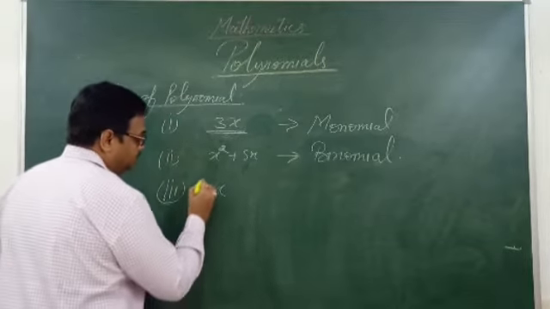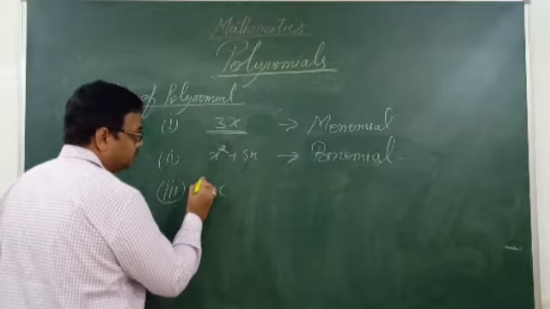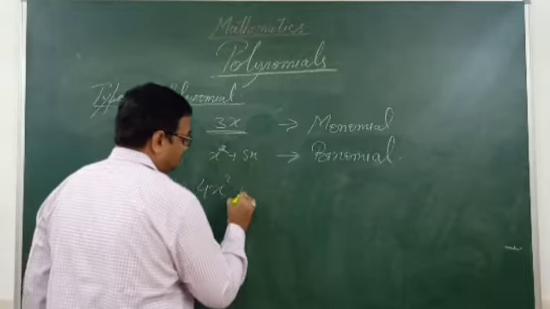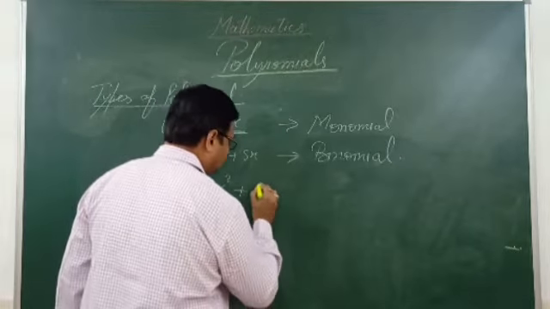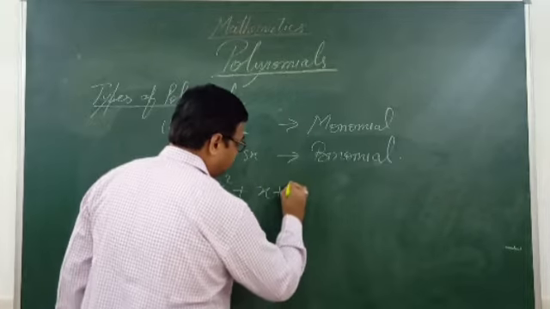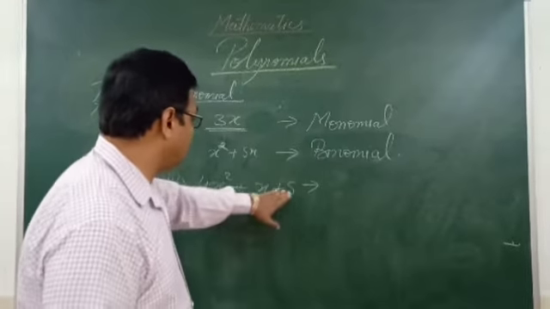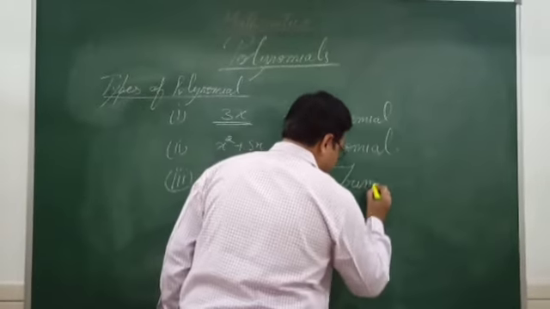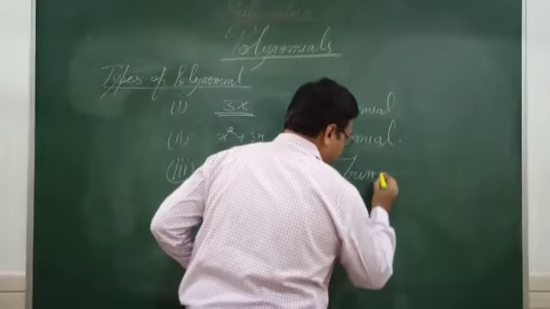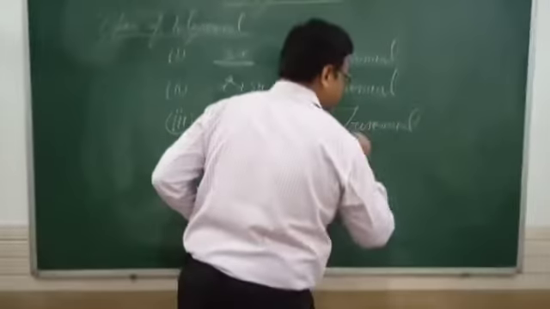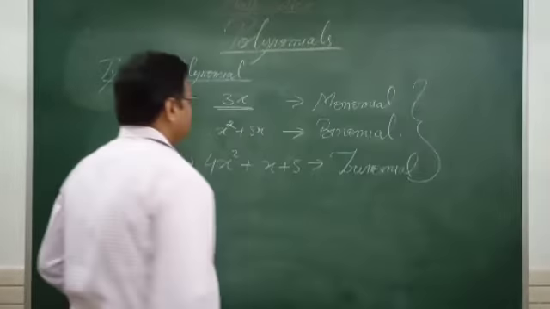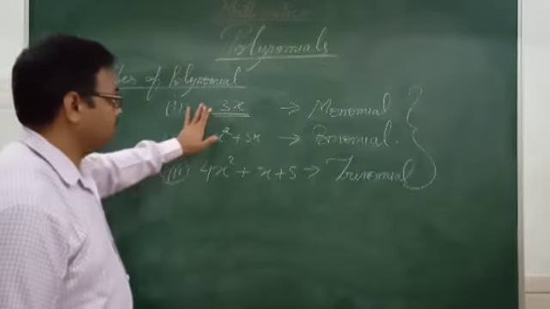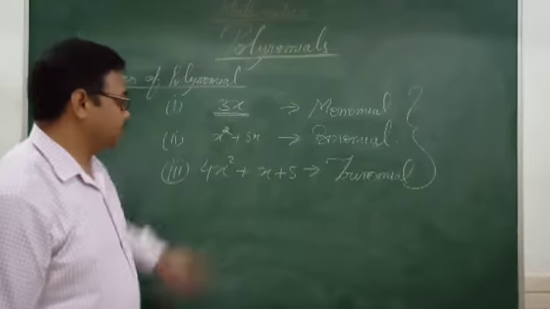And a polynomial which has three terms, suppose x plus 5 and so on, such a polynomial is known as a trinomial. So these are the three different kinds of polynomials on the basis of their terms.